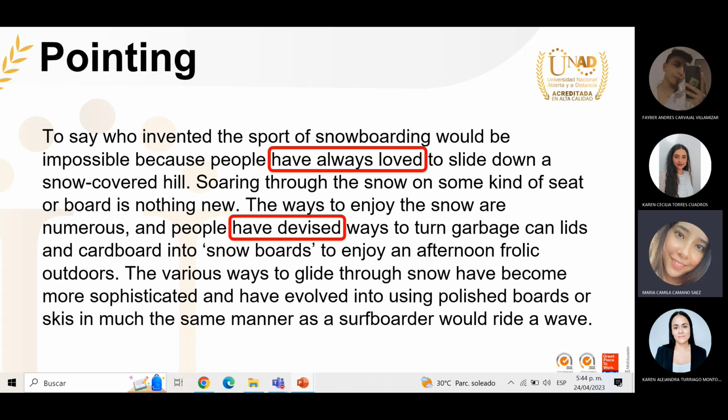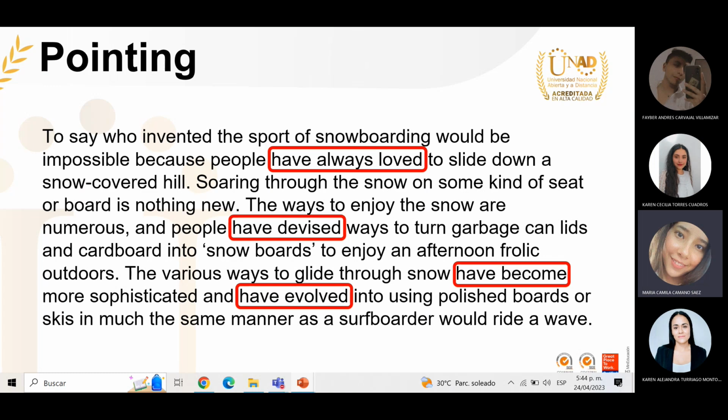What else? Snow have become more sophisticated. Yes, have become more sophisticated. And the last one, what is it? Have evolved. Yes, have evolved into using Polish.